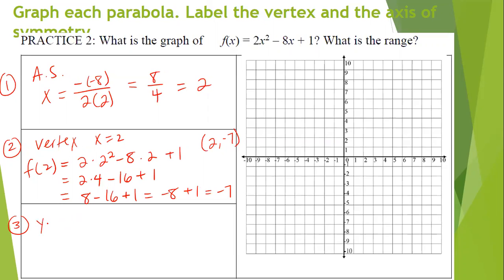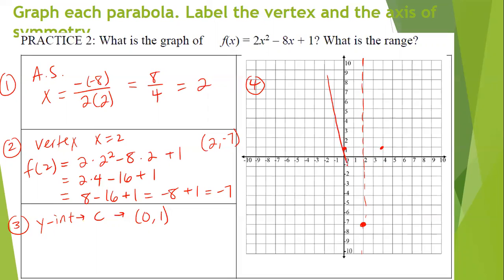My y-intercept is based off of my c value, right? And my c value is 1. So when I put it all together, we have our axis of symmetry at 2, our vertex at 2, -7, our y-intercept at 0, 1, and I reflect it. So I'm 2 from the axis, 2 from the axis.